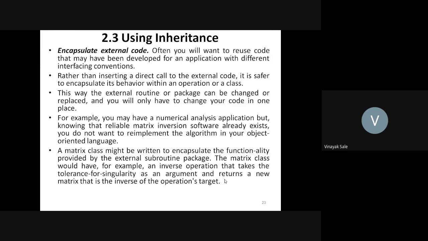The matrix class would have, for example, an inverse operation that takes the tolerance for singularity as an argument and returns a new matrix that is the inverse of the operation's target.